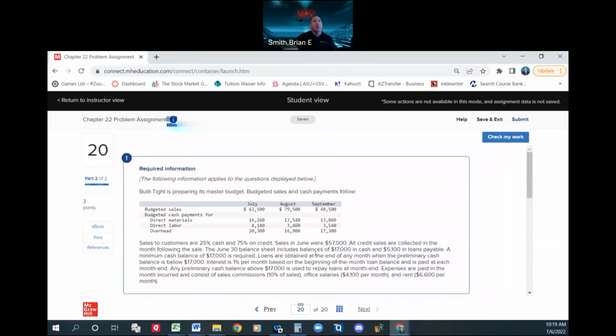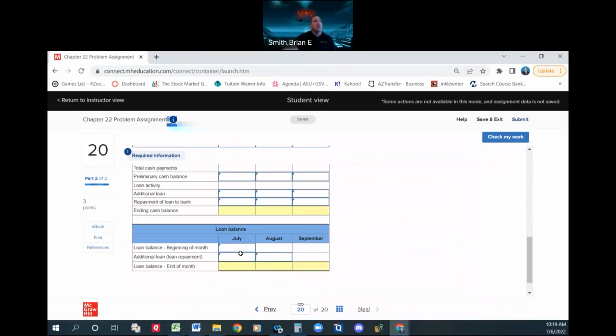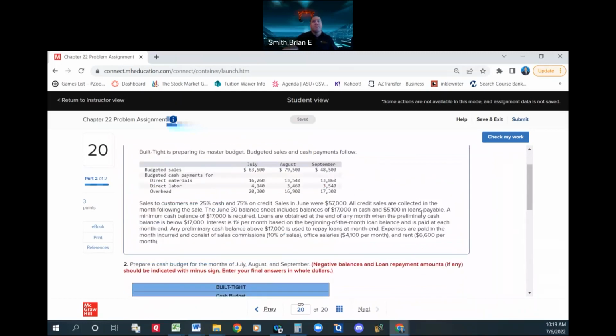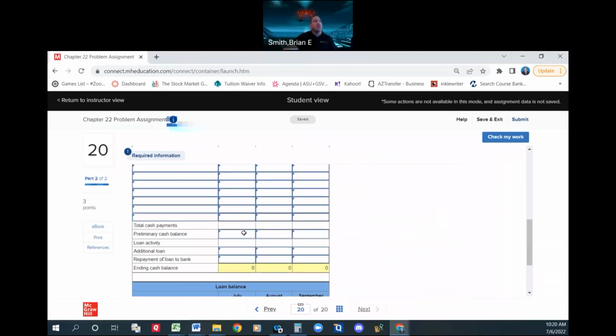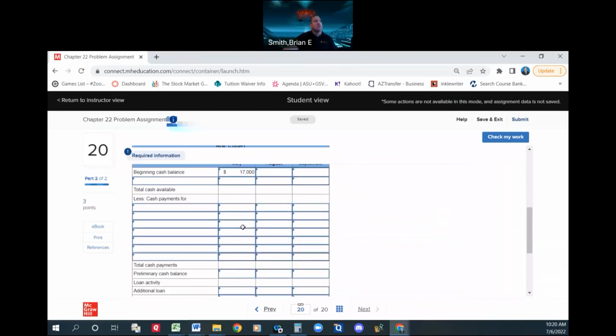Loan balance, there we go. 5,100. Minimum cash balance 17,000. Required loans are obtained at the end of the month. Cash balance interest is 1% per month. So 5,100, that's $51 for interest. We'll do that in a minute.